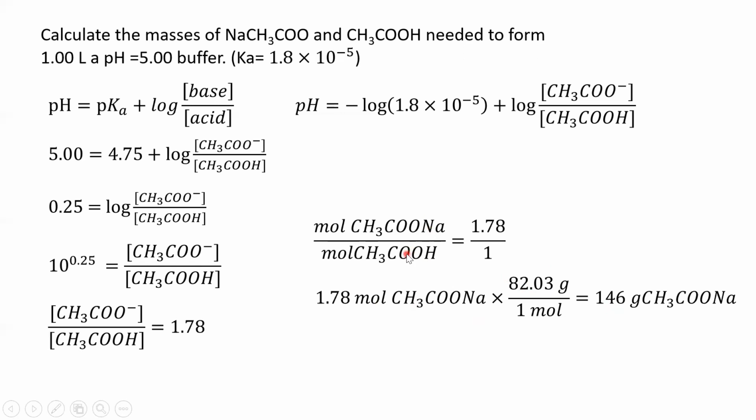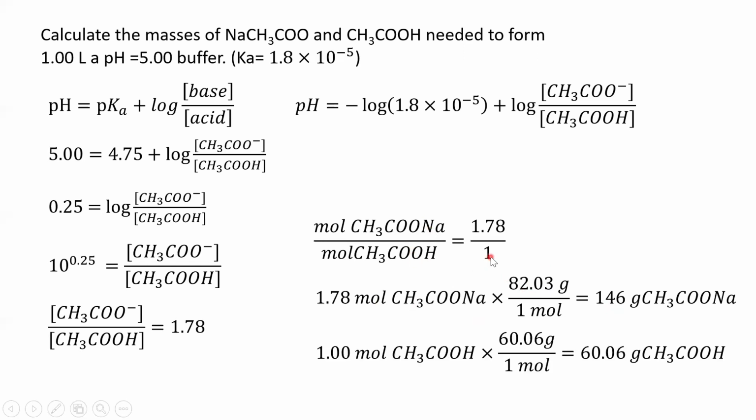Now we're going to do the same thing for the acetic acid. We have 1 mole. Here's our mole ratio because we're in a 1 liter solution. And we're just converting moles to grams. 60.06 is the molar mass of acetic acid. So what does that mean? How would we make this solution?